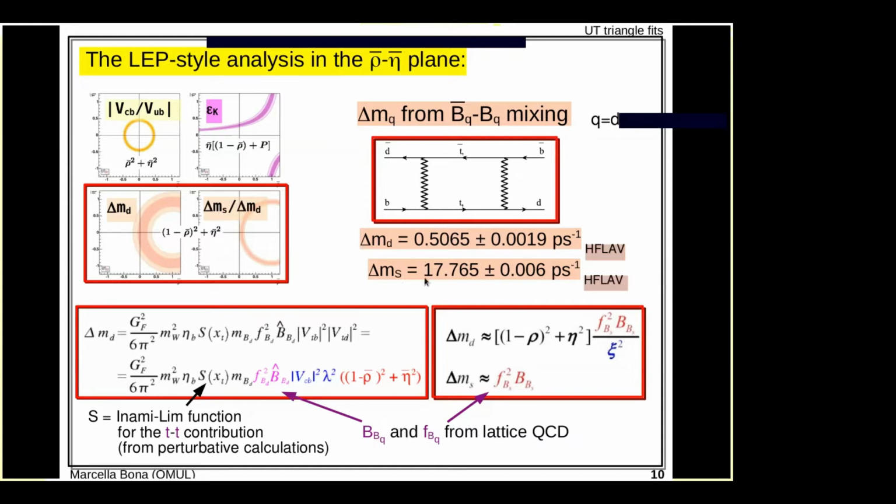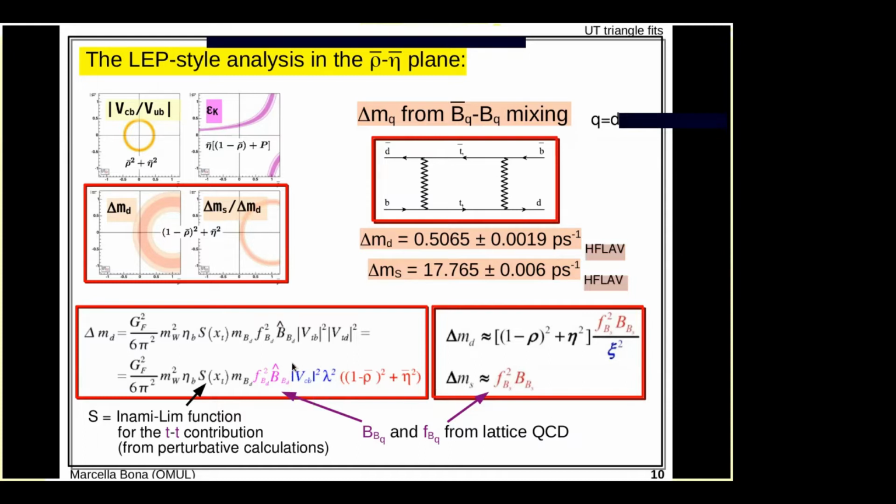And here there is a lot more activity on the experimental side, because this is being measured by the LHCb collaboration, and also other collaborations at the LHC. And again, it proceeds via the box diagram. This is the expression that again connects the observable with the functional form.